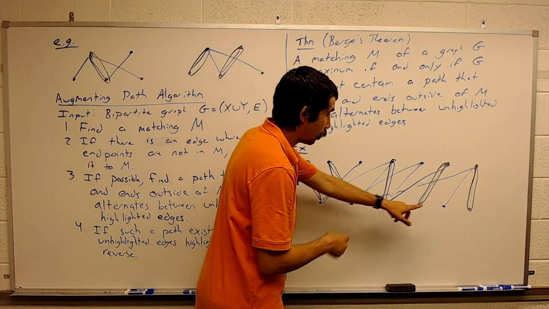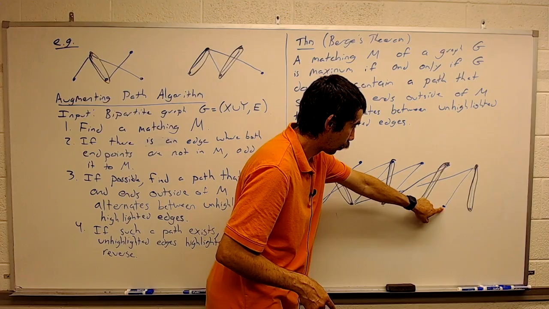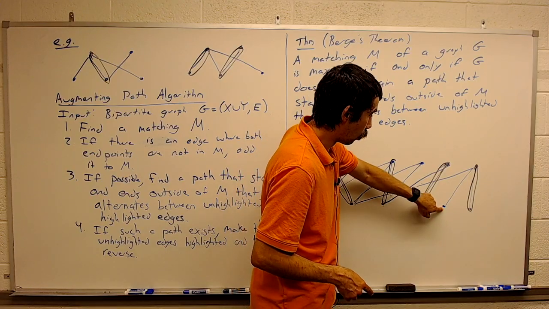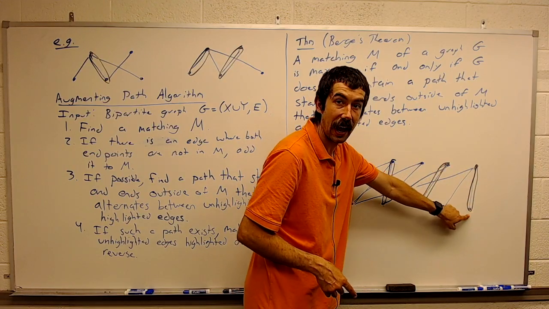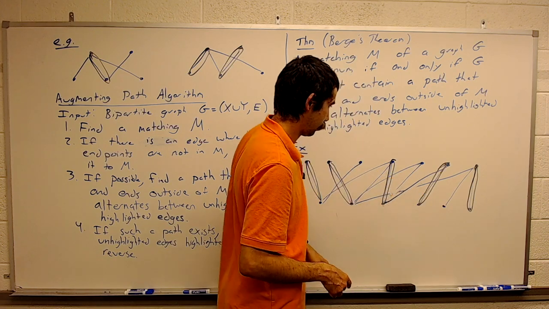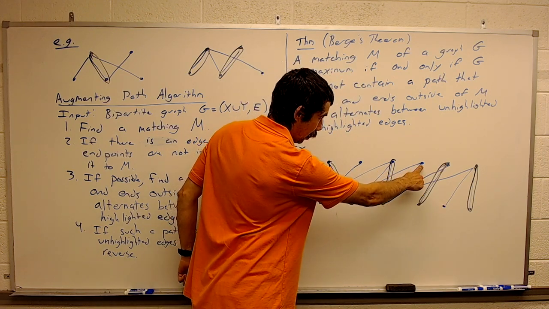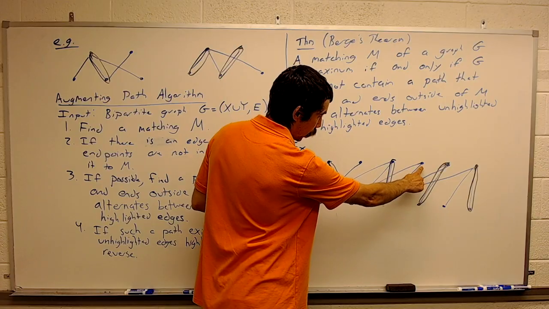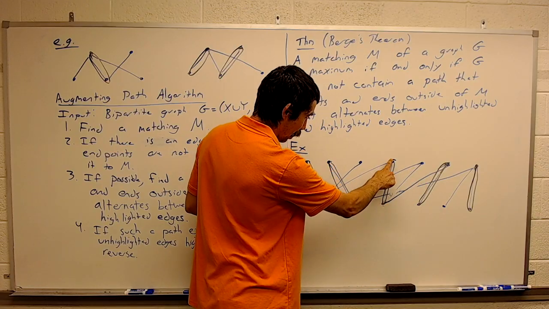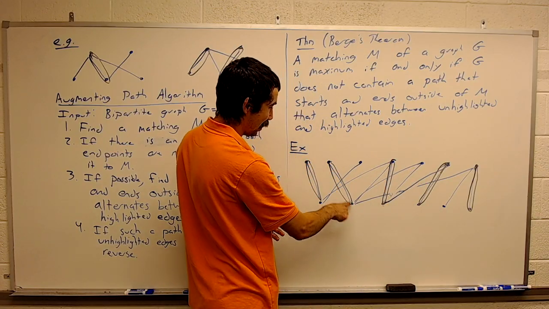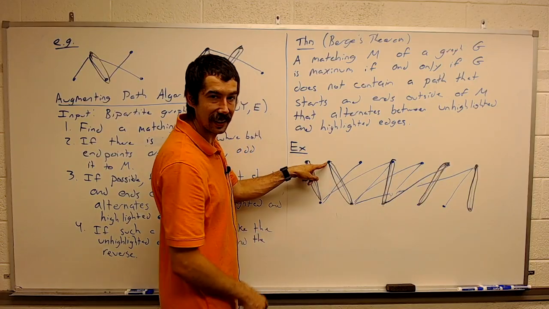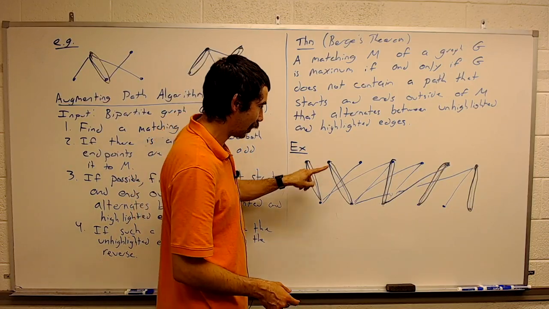But let's say if we started here, our only option would be this path, but it doesn't end outside of the matching. If we started here, there's a few that we'd have to check, but we could go down, up, down, up. That does not end outside the matching, so it's not that.